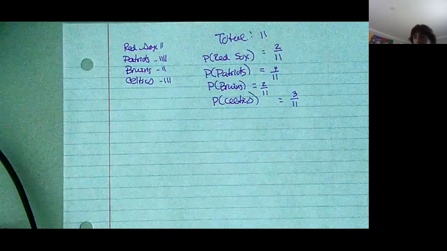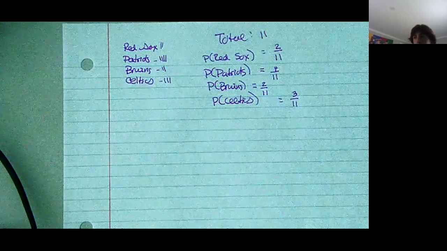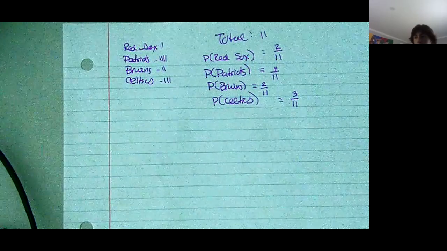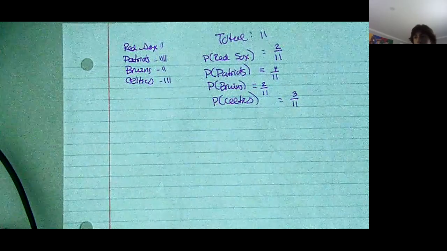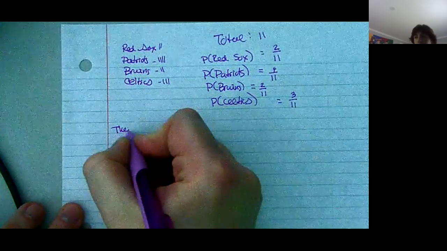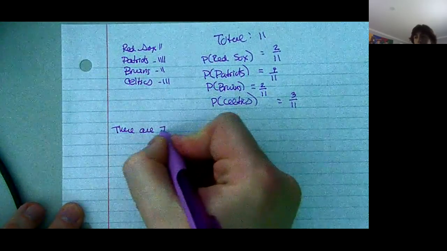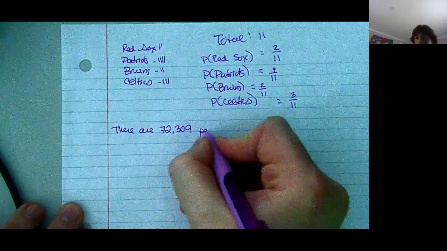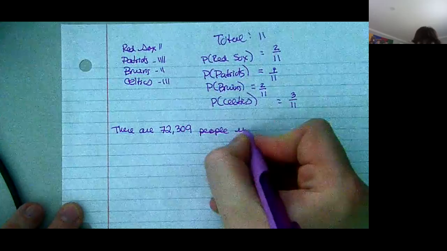I need a town in Massachusetts that is not Ashland. Nevaeh, give me a town. Framingham. Okay, there are 72,309 people in Framingham.